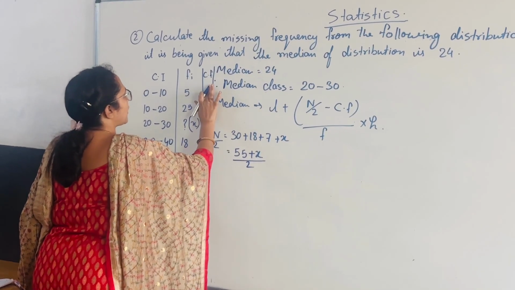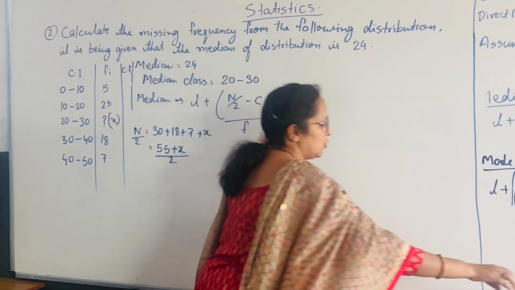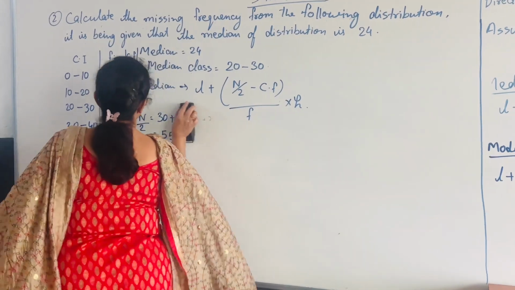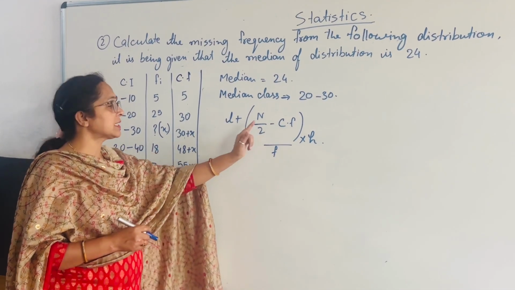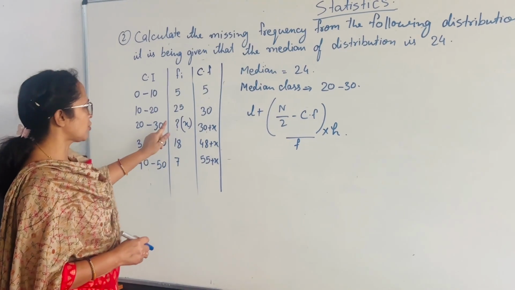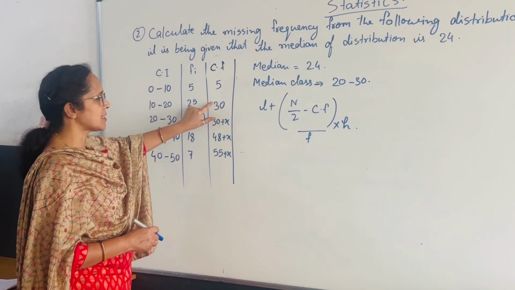For cumulative frequency, I am making one table. CF is the cumulative frequency of the class preceding the median class. So this is our median class, and the cumulative frequency of the class preceding it is 30.